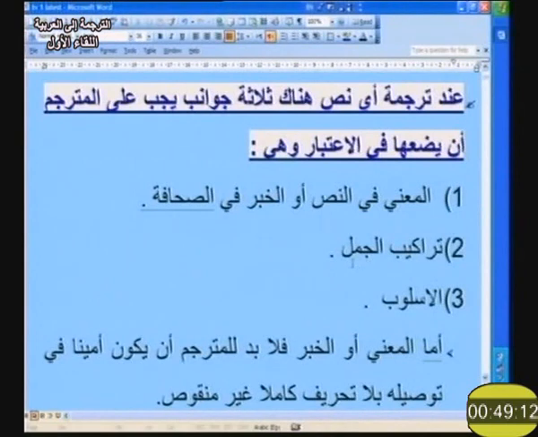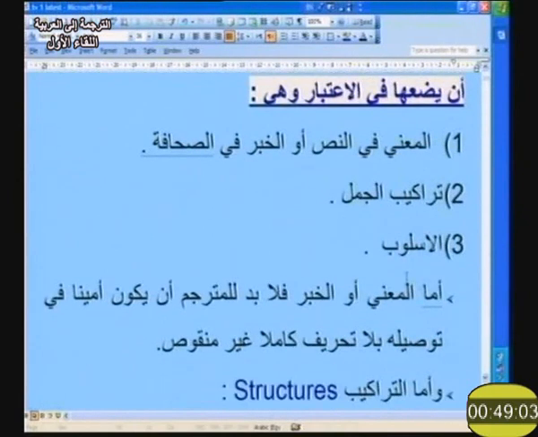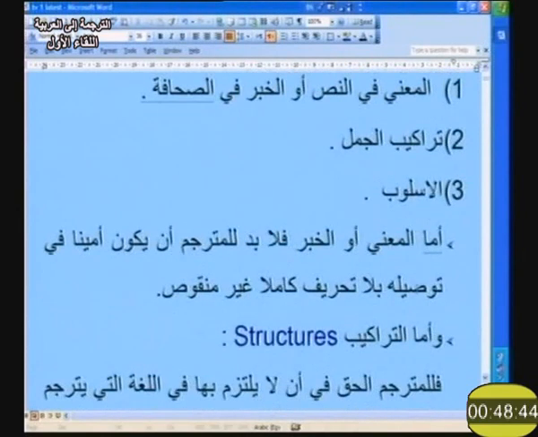In English, the structures, the way words are put in order, word order. Third is the style or the phrasing of the passage in translation. The way the translator is phrasing or writing the style of the passage in translation.